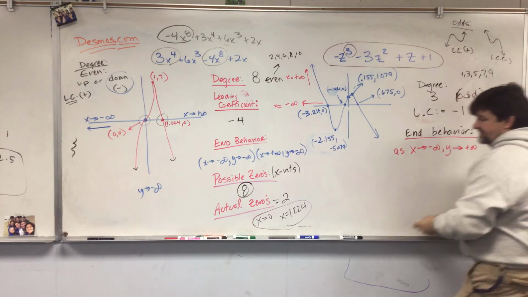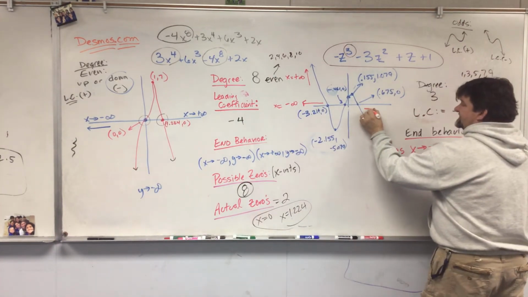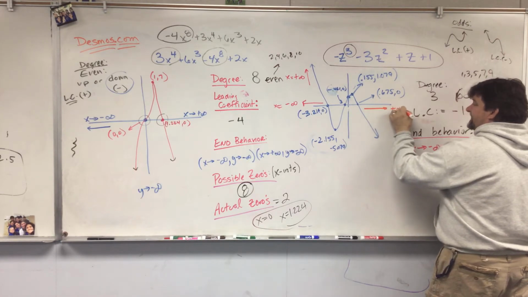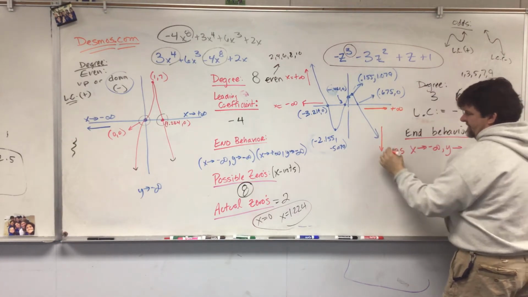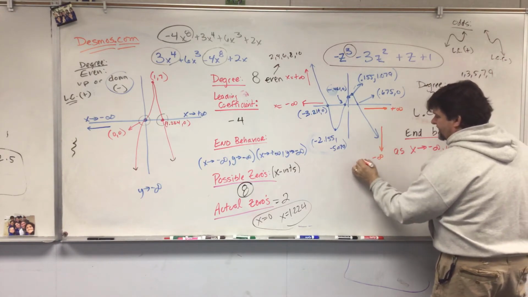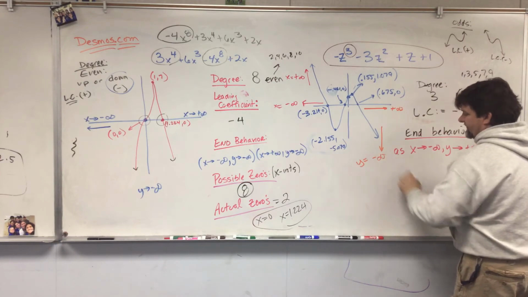Let's do the right side. I'll do it in a different color. Let's do it in orange. So as x approaches positive infinity, y is going to approach, keeps going down, down, down, negative infinity. It's not -8, it's negative infinity.